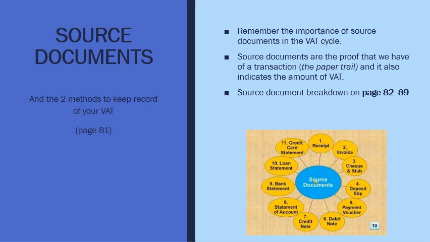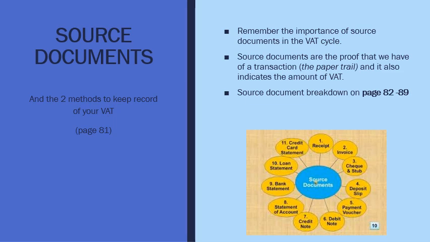Read the difference between the two methods and see if you can advise someone on the appropriateness of one of the methods that they want to use. Okay, so it's literally a method to keep record of your VAT. You can choose one of two options, A or B. How do you want to record your VAT? Okay, so that's all I'm going to say about the two methods or the two bases to keep record of that. Okay, over to source documents.